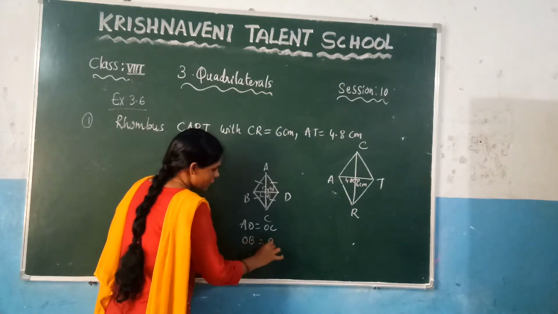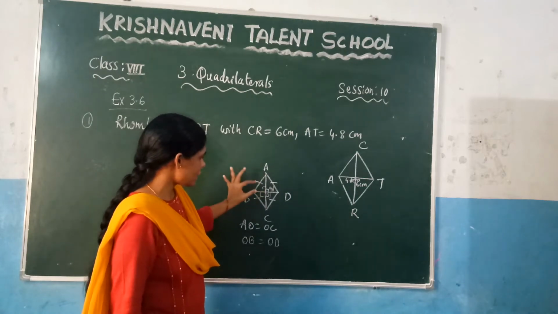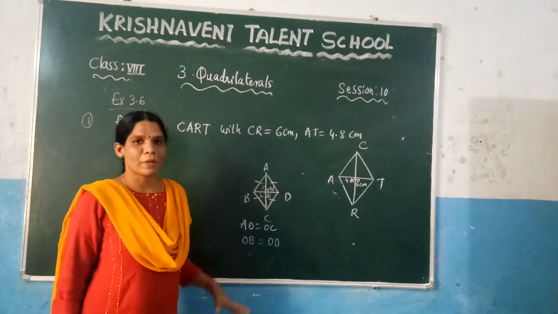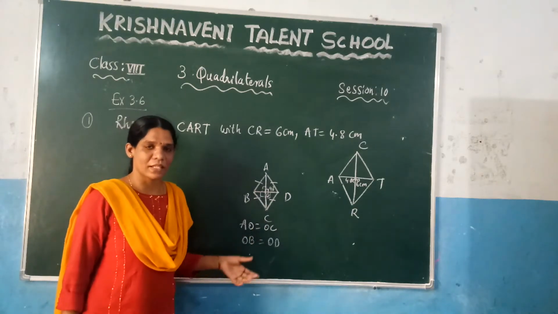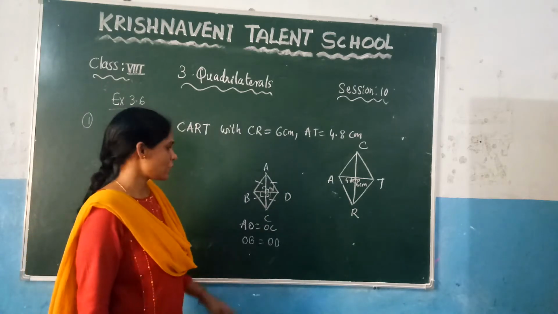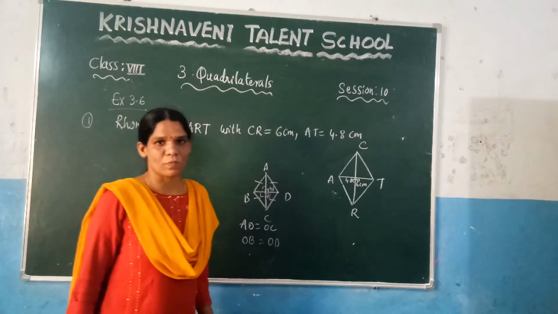That means the diagonals bisect each other perpendicularly. What is the meaning of bisecting? Dividing into two equal parts, that we call bisecting. So based on these properties, we are going to construct this rhombus.